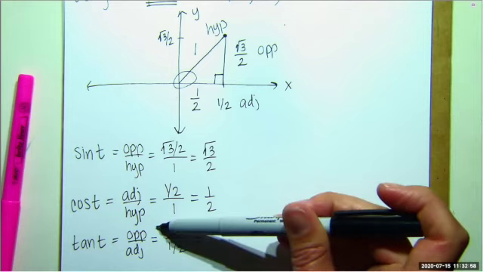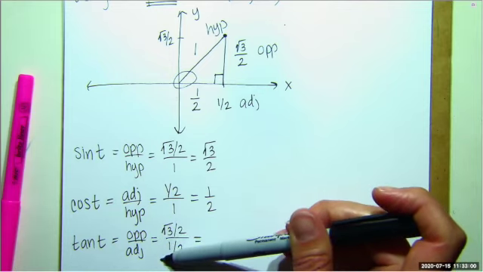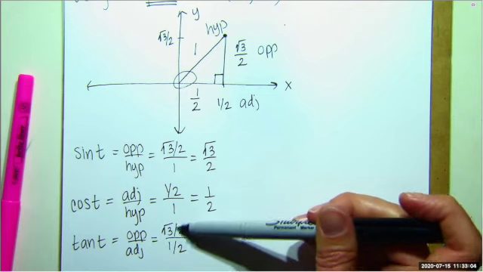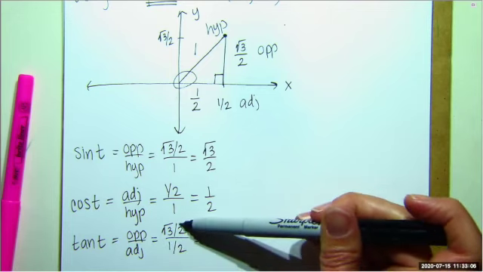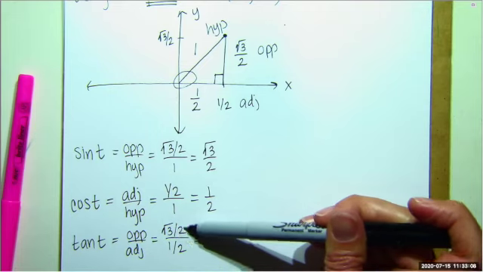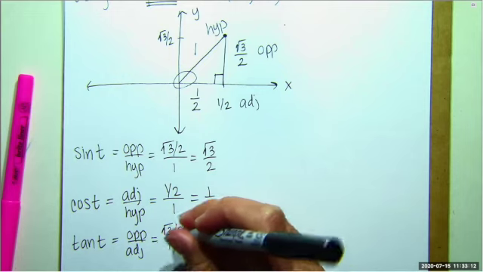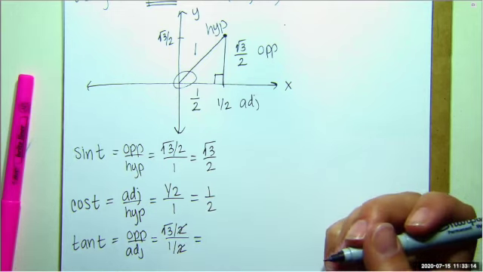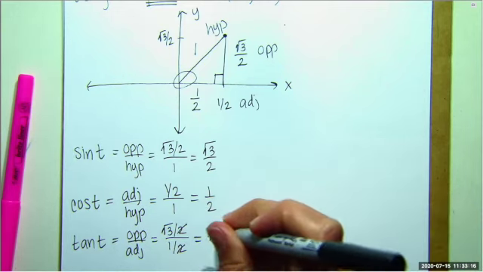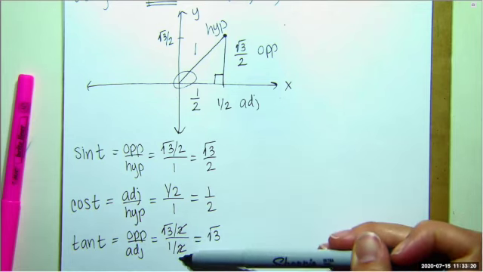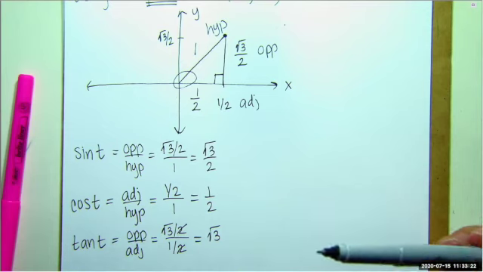If we had a multiple of 3 up here and a multiple of 3 down here, we could reduce those. The same applies for factors that are fractions: the numerator has a factor of 1/2 and the denominator has a factor of 1/2. So we can cancel out these 1/2s, just giving us square root of 3. When you're doing trig, since these are usually both the hypotenuse, you're going to see this happen a lot.